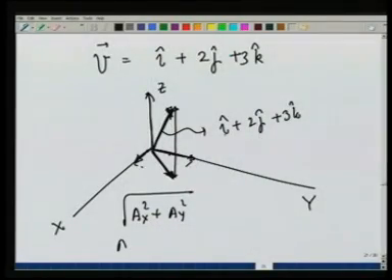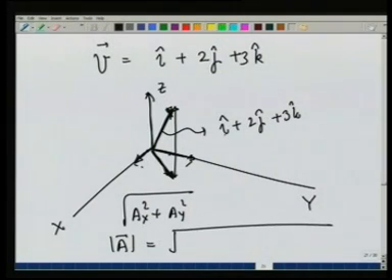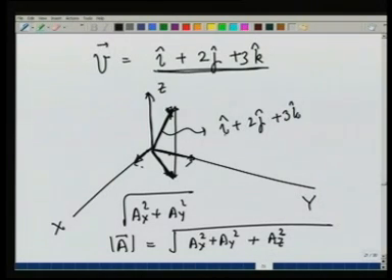So, the net magnitude would be the square root of this component, which is a_x squared plus a_y squared, and then a perpendicular component a_z, add them all up and take the square root. This is the magnitude of the vector, and you can see that direction is easily seen and visualized by making the vector using these unit vectors.